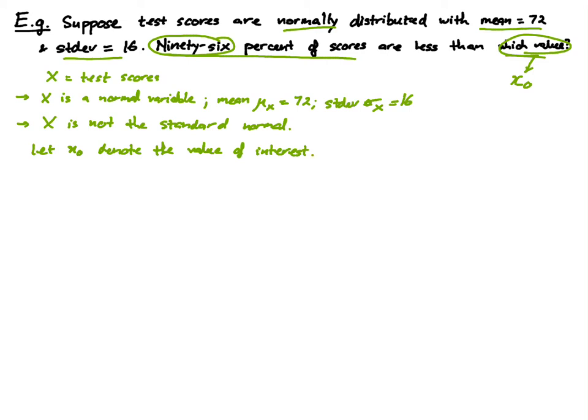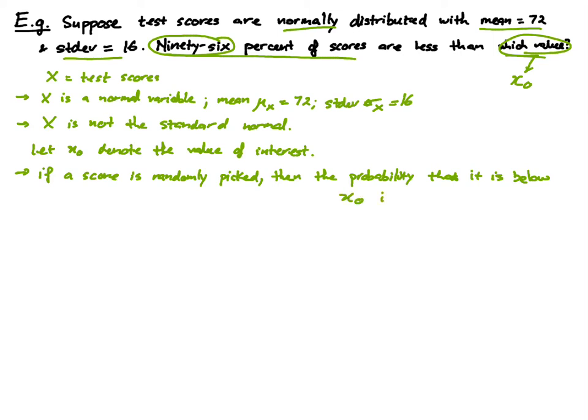Then what the question is saying is that if a score is randomly picked, then the probability that it is below X sub 0 is 96% or 0.96.